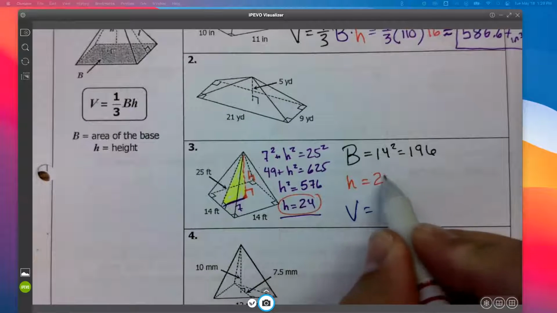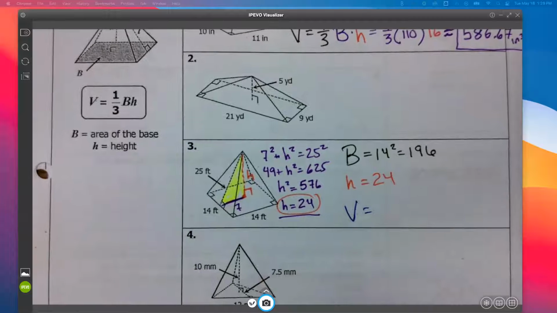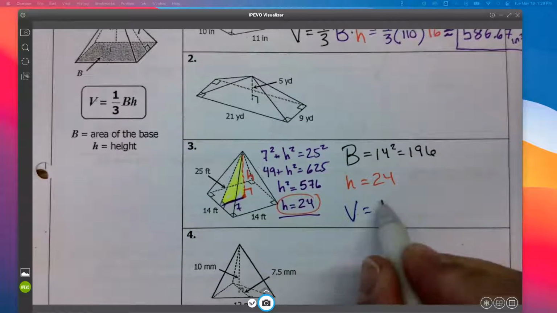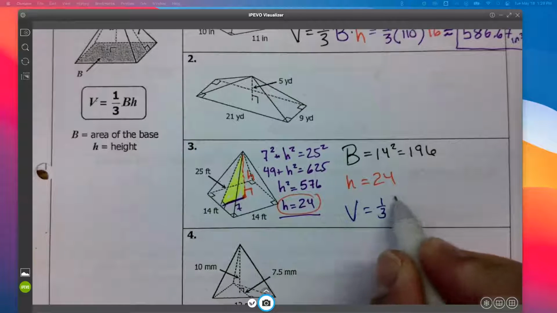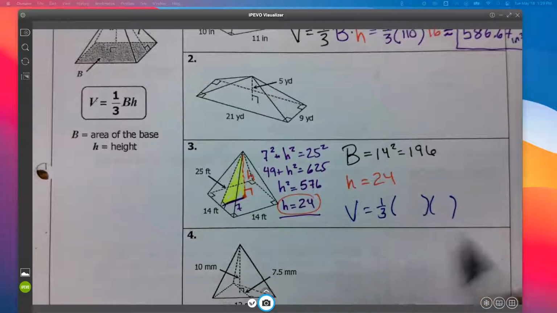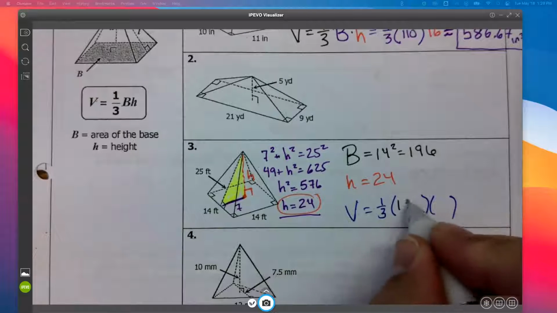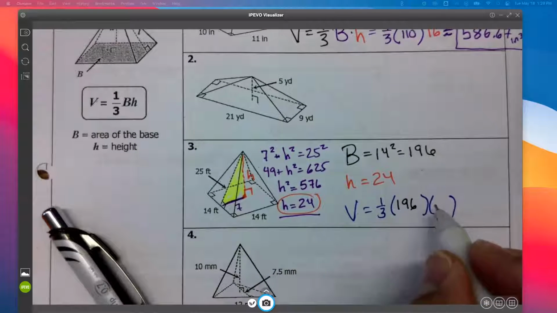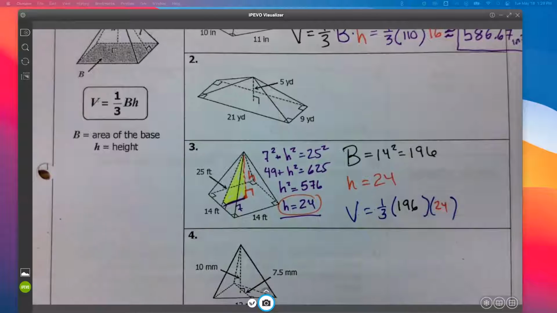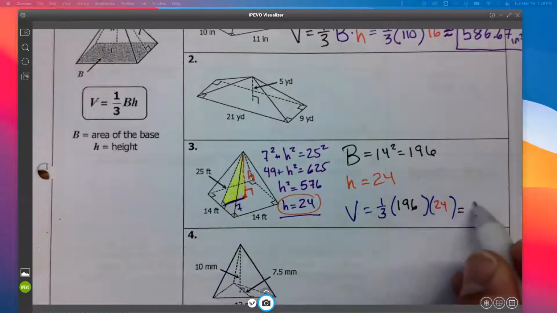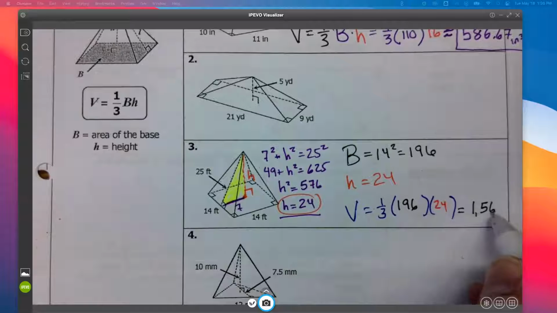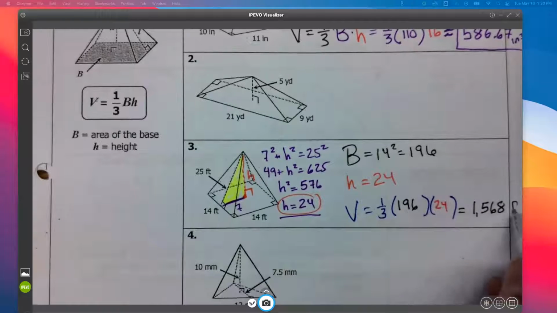We found it using the Pythagorean theorem, which means my volume will be 1/3 196 times 24, which is 1,568. Good. Feet cubed.